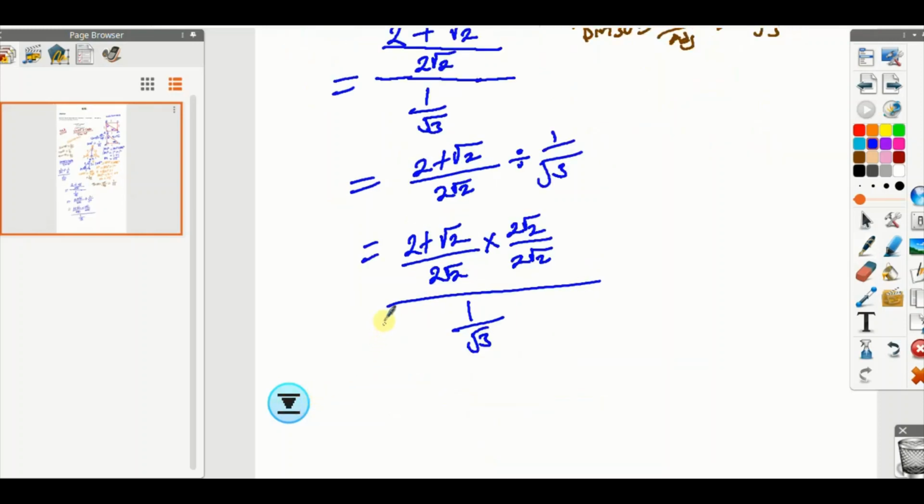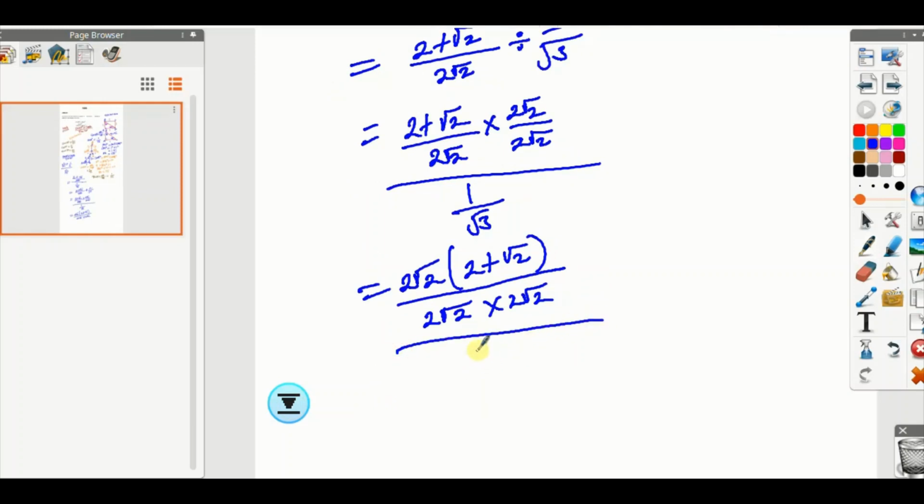As we rationalize this, let's use this to multiply this. So from here we have 2 root 2 multiplying 2 plus root 2, and this will multiply the square root of 2 by 2 root 2, and everything will be over 1 over square root of 3.